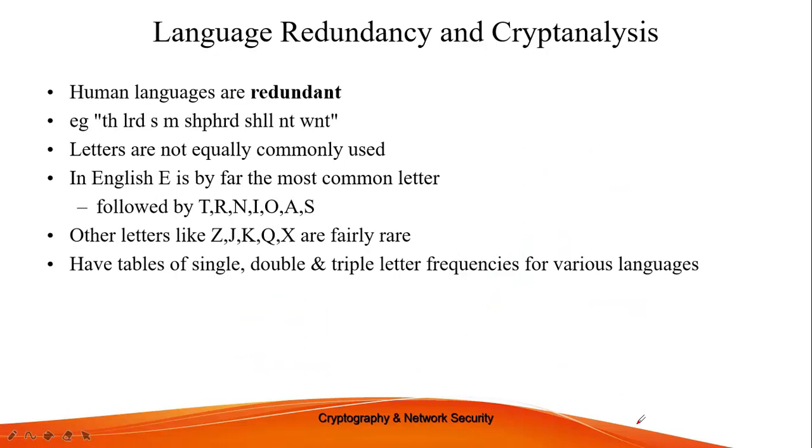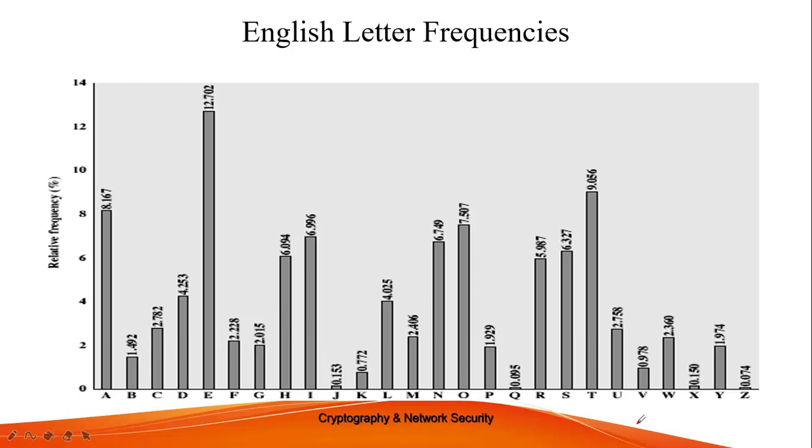So during cryptanalysis, cryptanalysts are the persons who perform cryptanalysis. There are terms that are helpful for them, for example, language redundancy, which includes the frequency of letters that occur commonly. From this particular graph, you can see the frequency of occurrence of E; the spike of E is quite high.